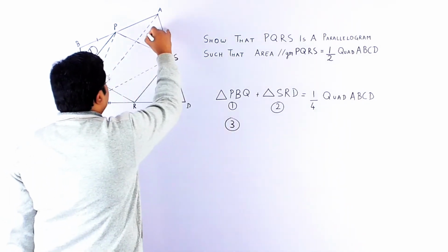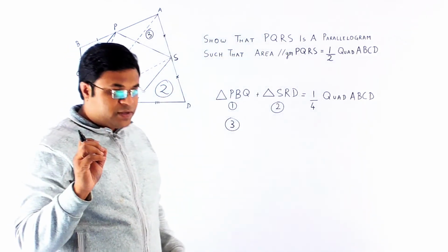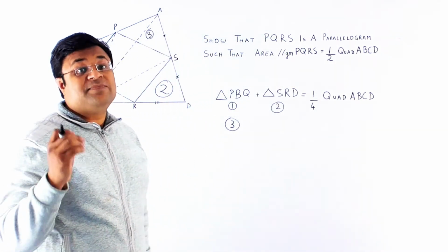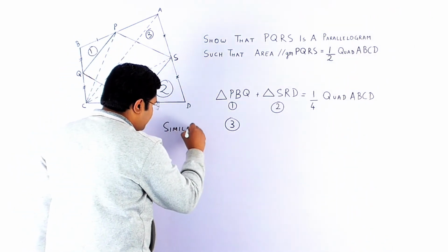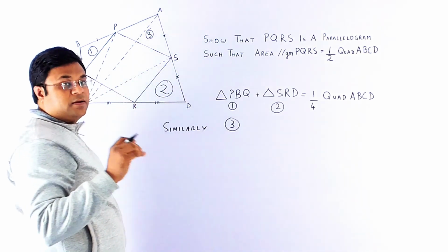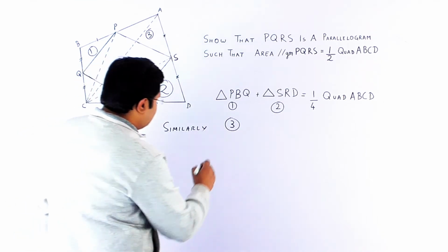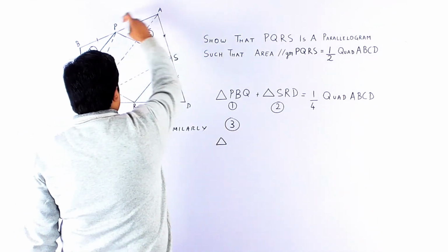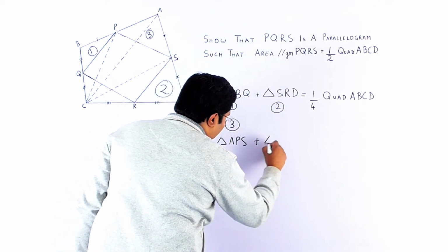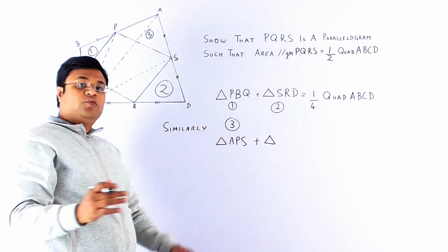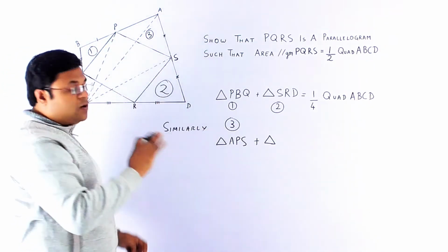Triangle number 3 here, this side, and we'll use one of the most important words in geometry, similarly. Similarly, we will say triangle APS, because the proof is lengthy. We don't expect you to prove the whole thing again. It's not required.